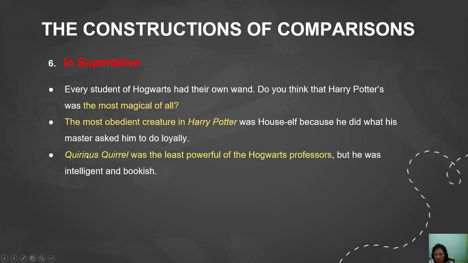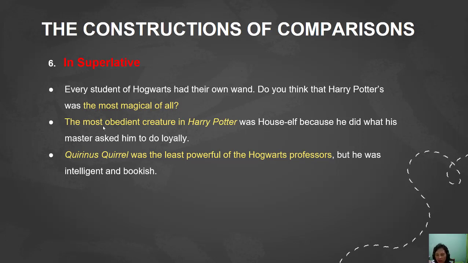Quirinus Quirrell was the least powerful of the Hogwarts professors, but he was intelligent and bookish. This is to show that this is the highest, and this is to show that this is the lowest. We can use the least powerful. Sorry that I don't give you examples with words that contain only one syllable, but it's okay.